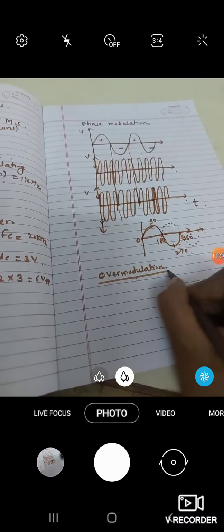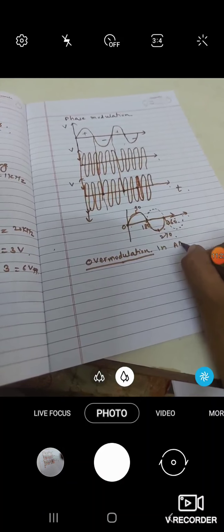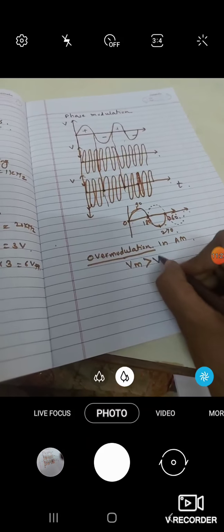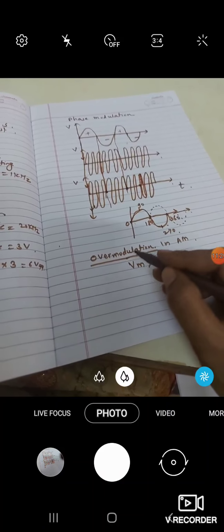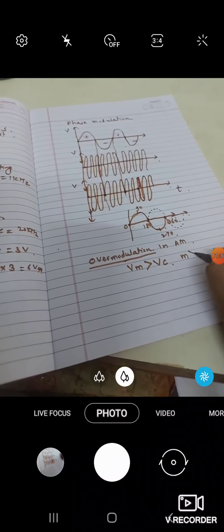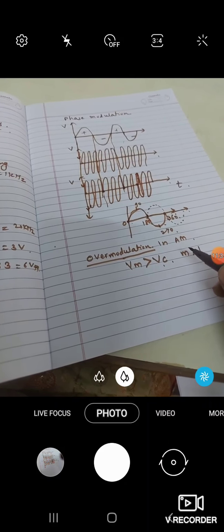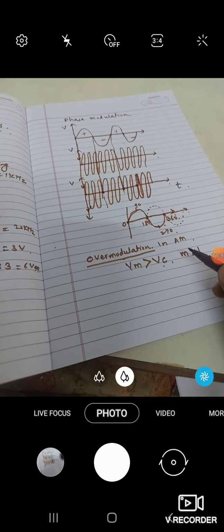So if we consider over modulation in AM, what is the condition that we have to consider? This Vm should be greater than Vc. The modulation index is greater than 1, so this Vm is greater than Vc, that we have to consider.